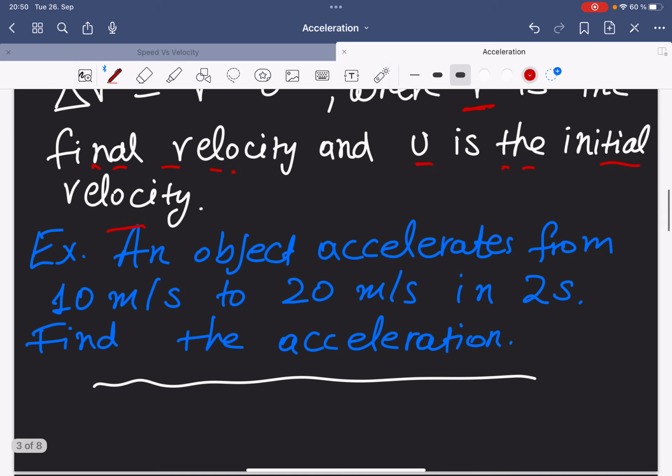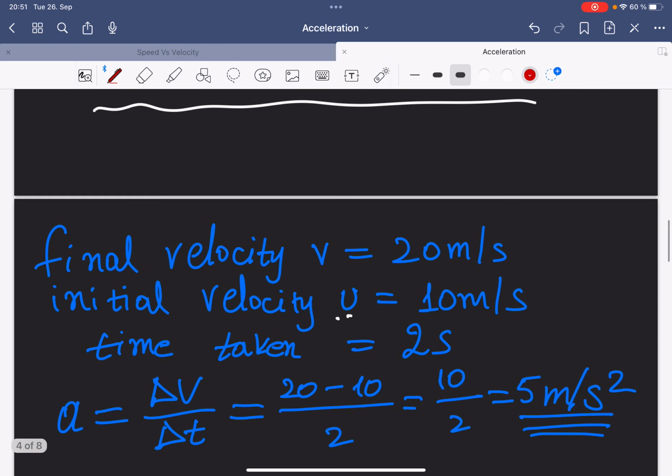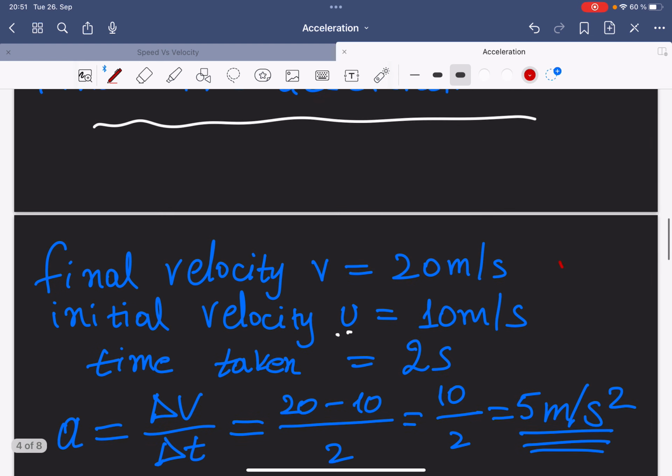Now let's look at an example. An object accelerates from 10 meters per second to 20 meters per second in 2 seconds. Find the acceleration. So it says it accelerates from 10 to 20, which means we can already identify that the final velocity is going to be 20 meters per second and the initial velocity is going to be 10 meters per second.